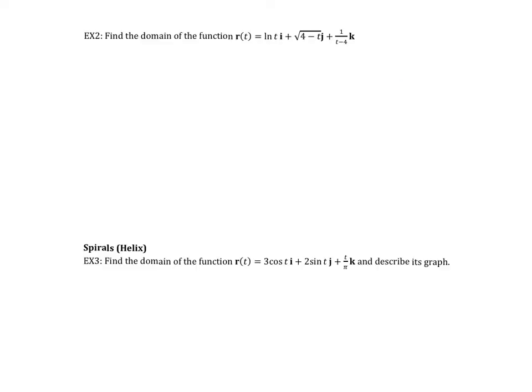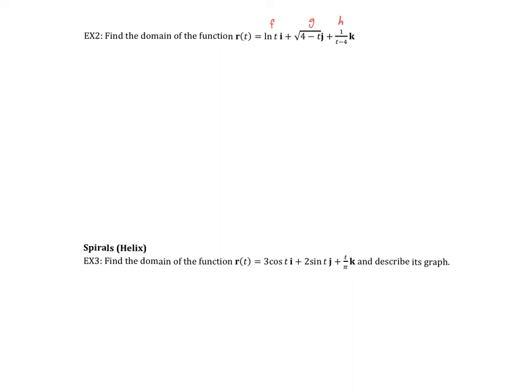Let's do another example. In example 2, we want to find the domain of this function. It's natural log of t i plus square root of 4 minus t j plus 1 over t minus 4 k. So this is written in terms of the ijk form, which is fine. I could call this xyz, I could call this fgh, doesn't matter to me, it's just notation.